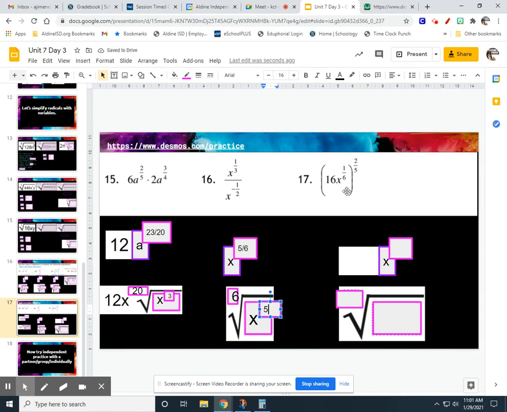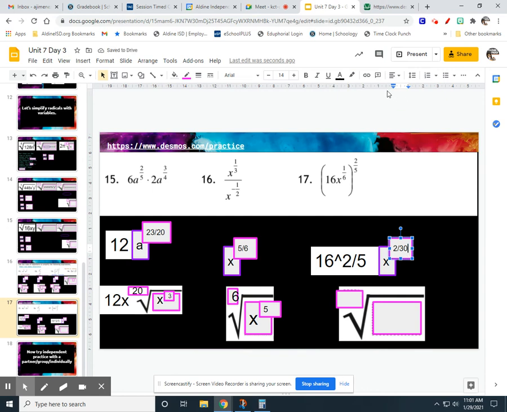All right, now we do this. Means 16 is also going to be raised to 2 over 5. Not showing. And then this is going to multiply. So 2 over 30.